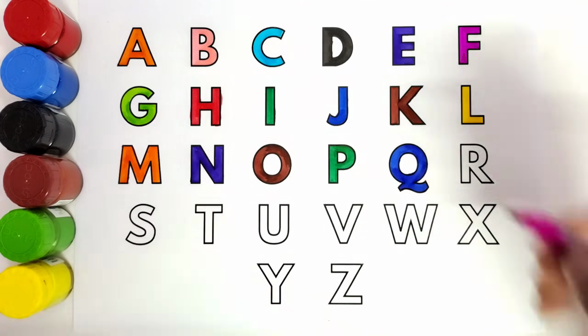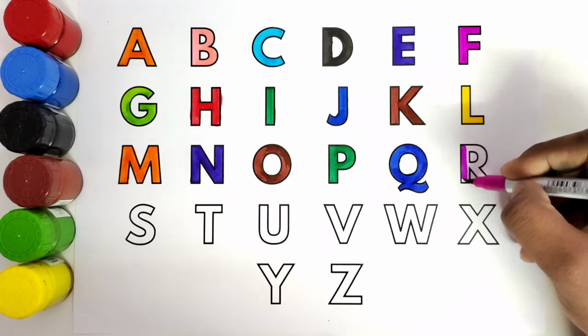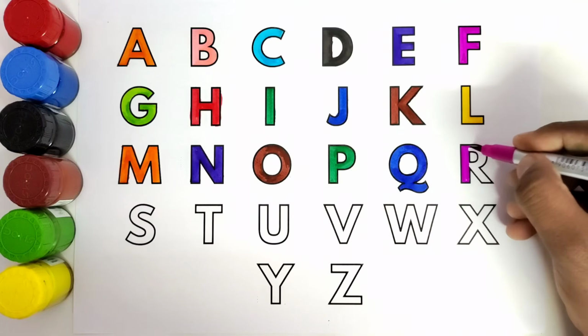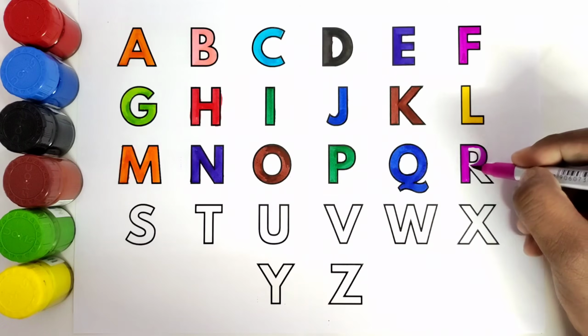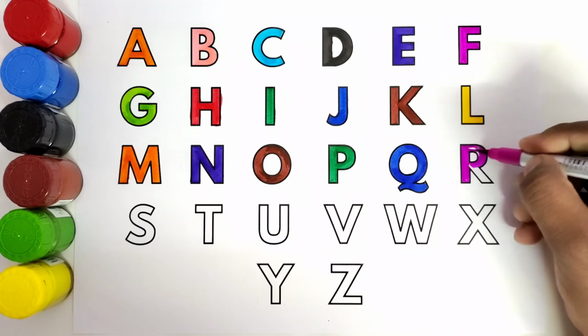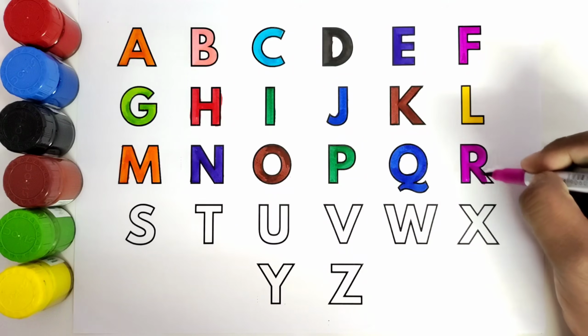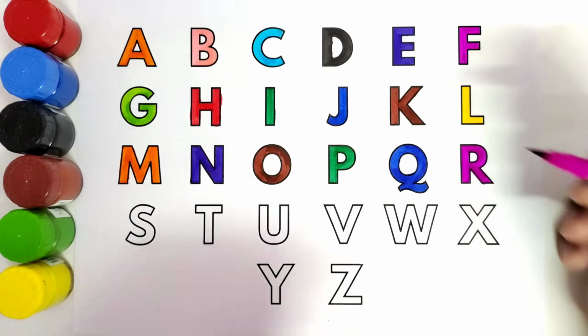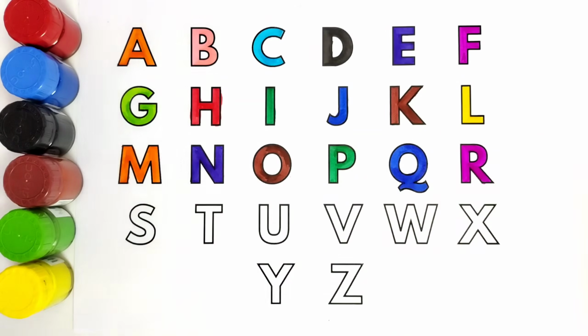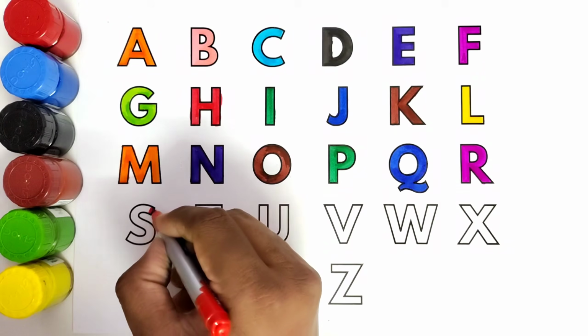R. R for rabbit. R for rabbit. S. S for sun.